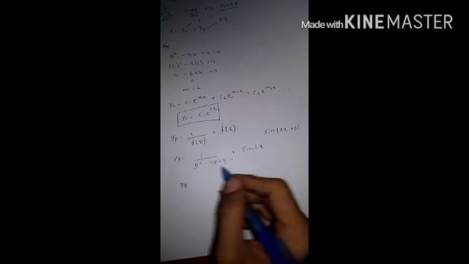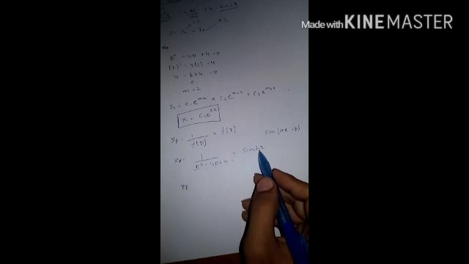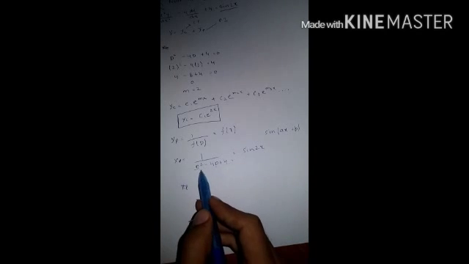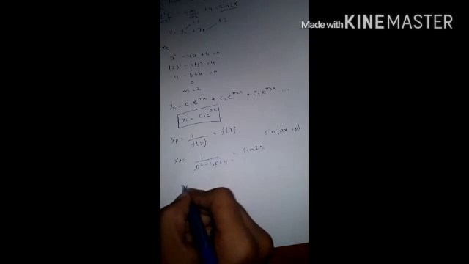For example, in this case a is 2, so we replace D square with negative of 2 square.